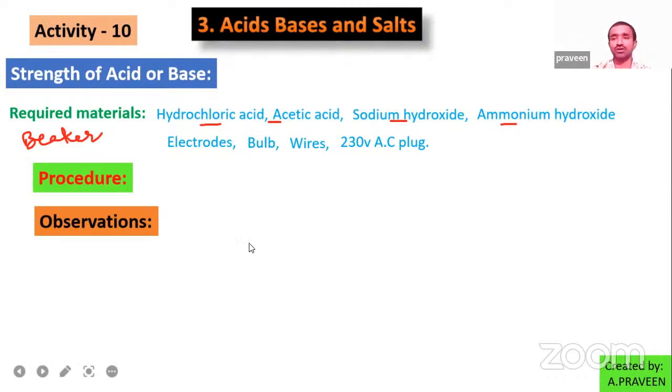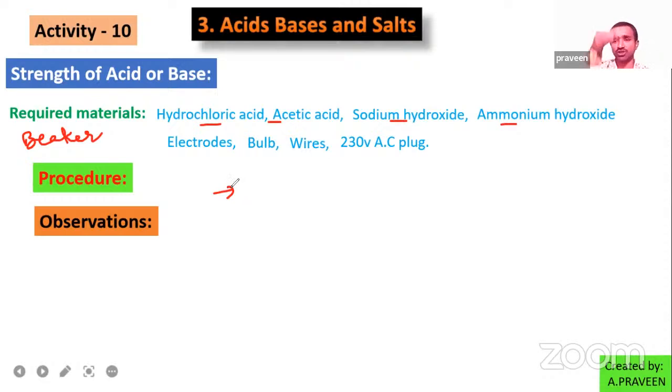So what to observe here? What are the observations? Where do I have to focus? What are the precautions, right? The precautions are: electrodes should not touch each other directly. We have to use an open circuit. We have to use a dropper. Do not touch the acid or the base. Do not smell them. Do not taste them.